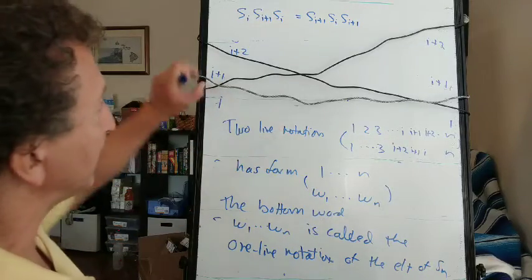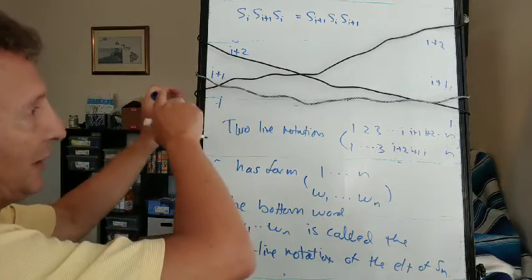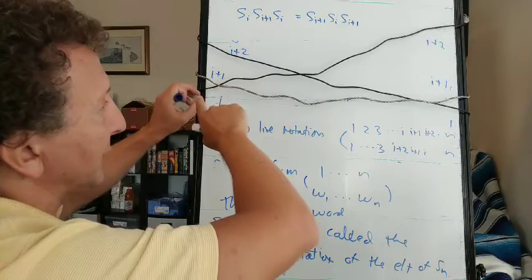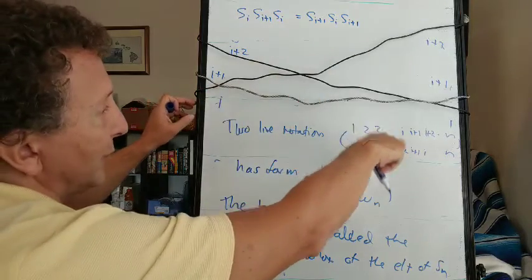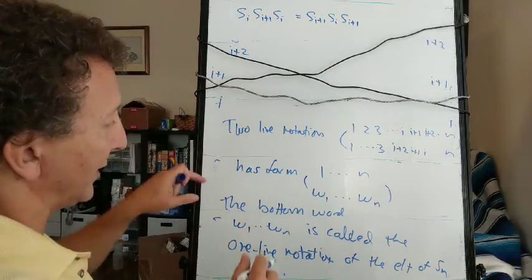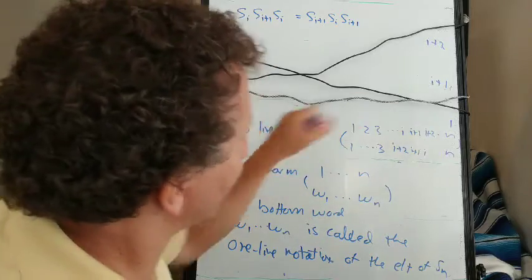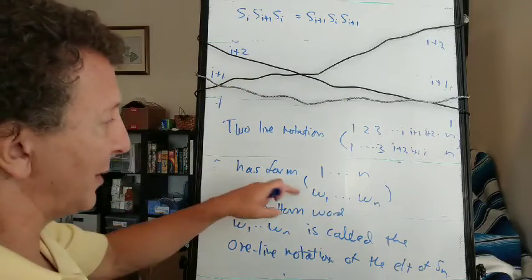So two-line notation comes from the wiring diagram, following each wire from left to right and explaining where it starts and where it ends. And one-line notation is just erasing the top word 1 through n and remembering the bottom word.